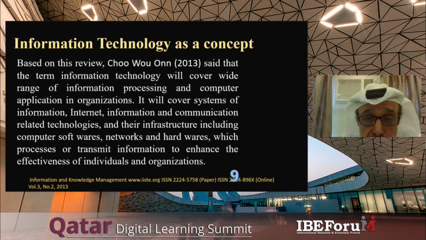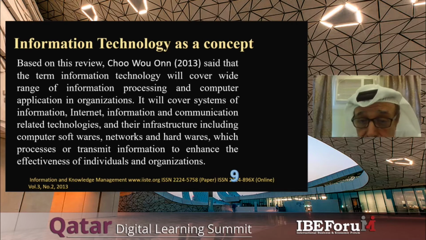Also, in 2013, Chu Wu defined it, or said that the term information technology will cover a wide range of information processing. I would just compare it with human information processing, the same thing, but this is electronic and the other one is human. And computer application and organization.